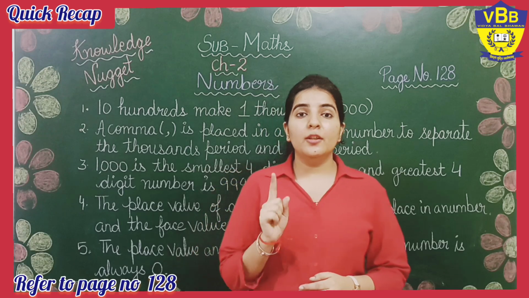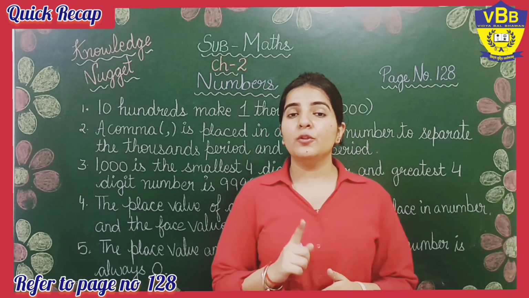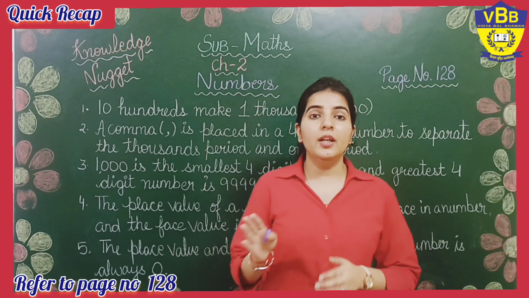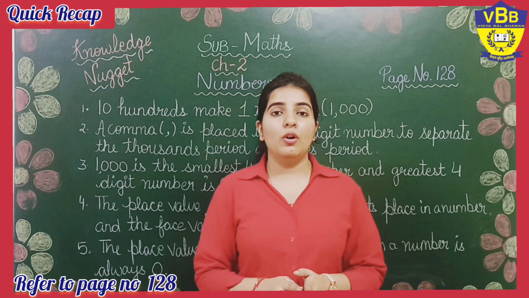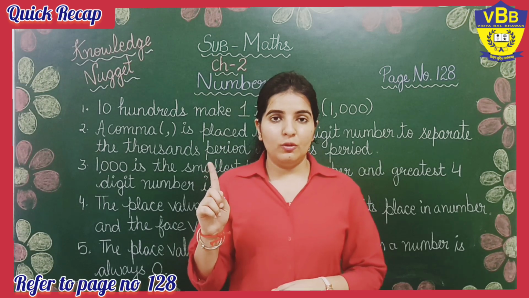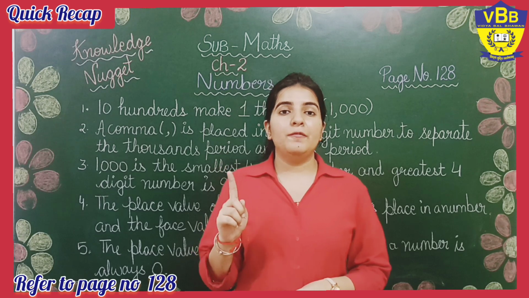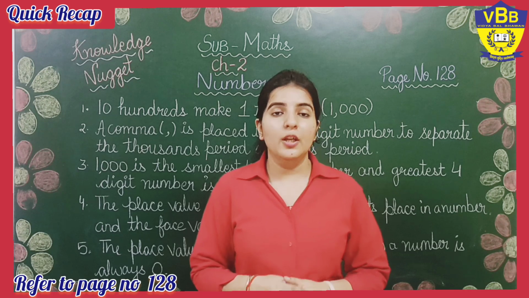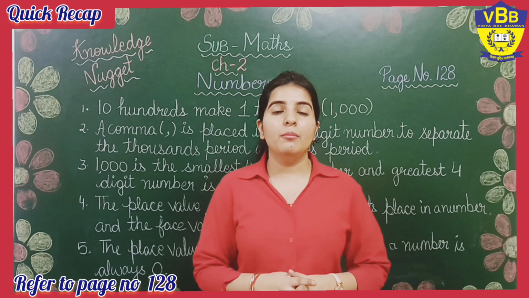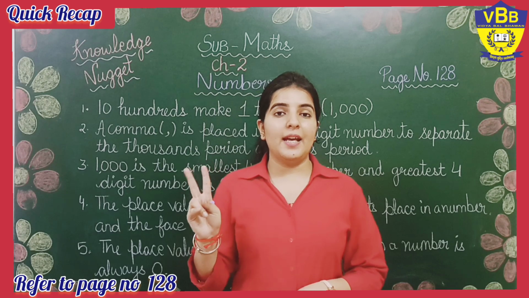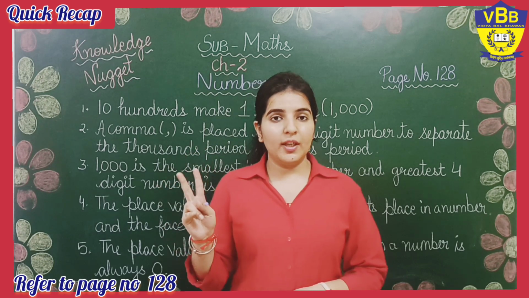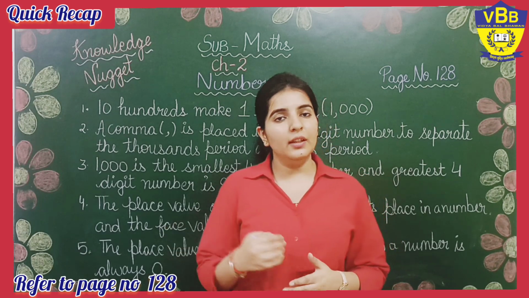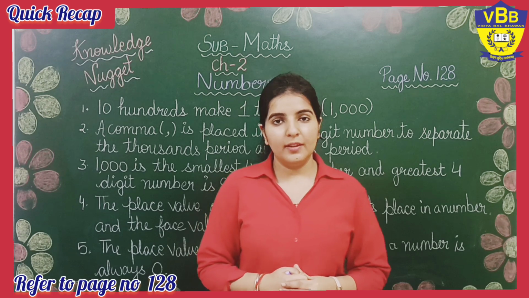But remember the rule of 0. When we have to make a smallest 4-digit number, you cannot write 0 on the first place. On the 1000 place, if you write 0, it will no more be a 4-digit number. So 0 will always come on the hundreds place, that is the second place. On the 100 place you will write 0 and then you will continue with the rest of the numbers.